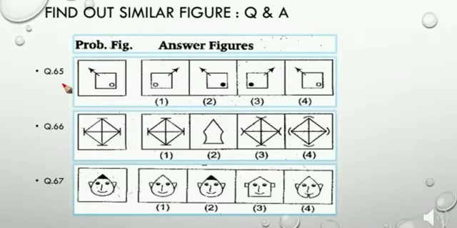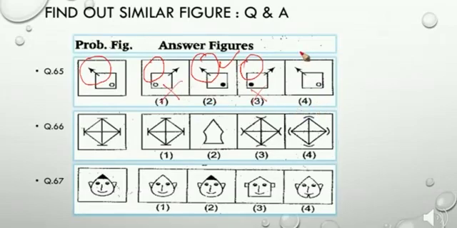Let's go to question number 65. We need to check for this portion in the answer figures. In this answer figure 1, this is missing. In option 2, yes, it is there, so we can take it at the moment. In option 3, it is missing, so we can't take it.